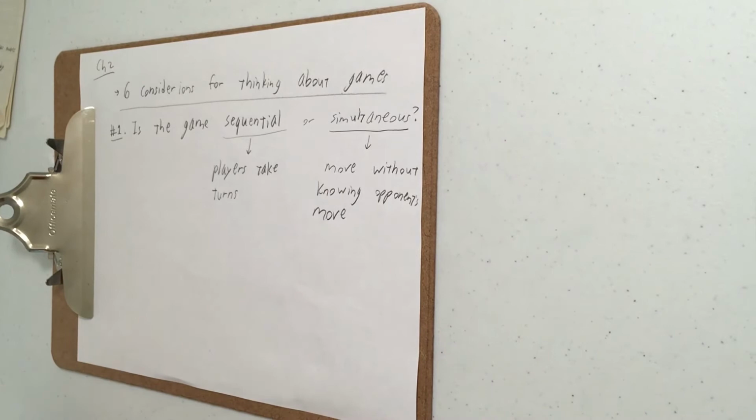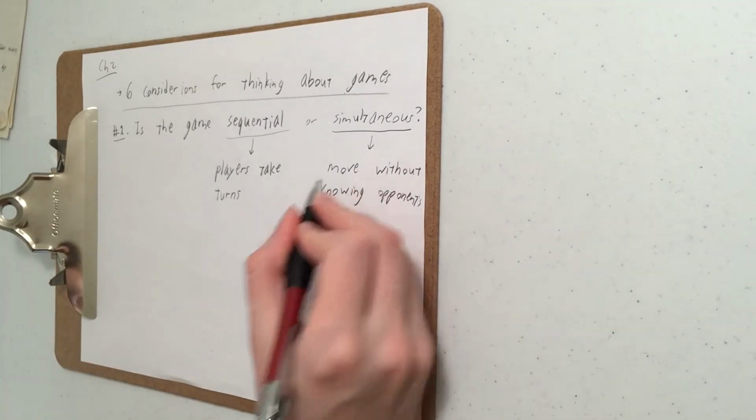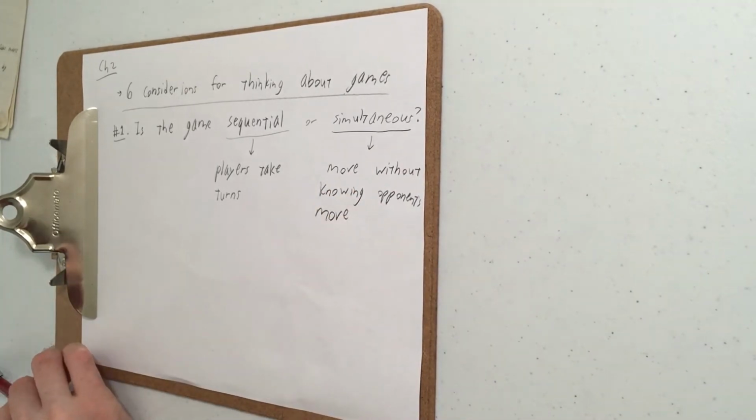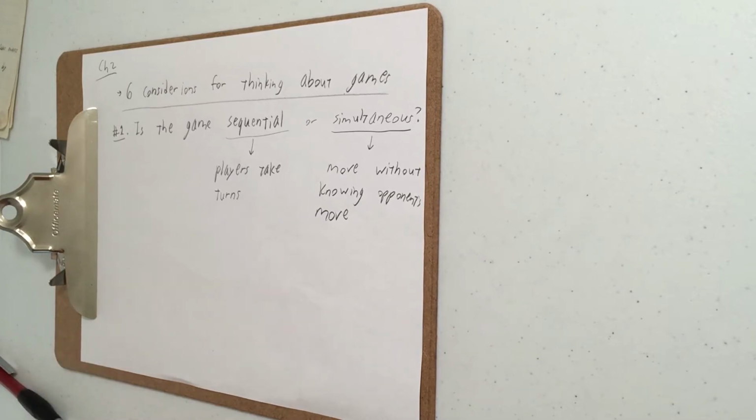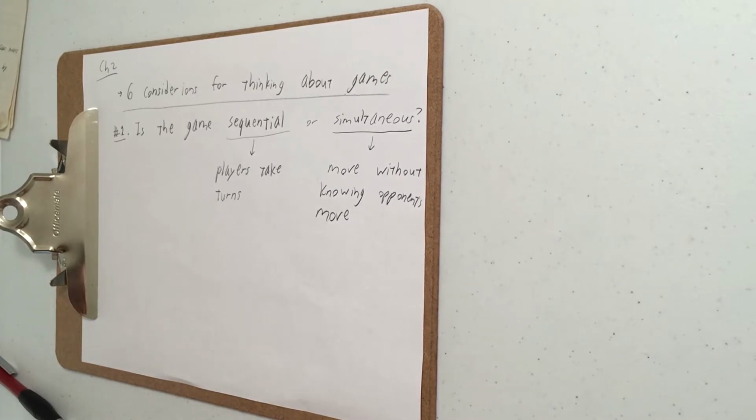So why did I say it's more precise to say move without knowing your opponent's move? Well, a game like rock, paper, scissors can be played with turns in a way that's equivalent to the more traditional version. Traditionally, you pick either rock, paper, or scissors at the same time your opponent does. Here's the way it's going to work out in the exact same method.